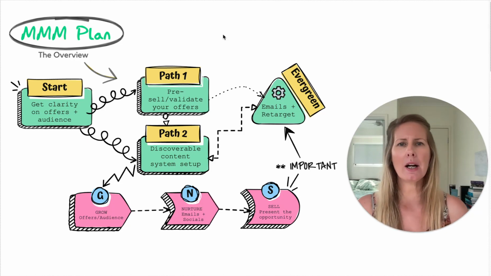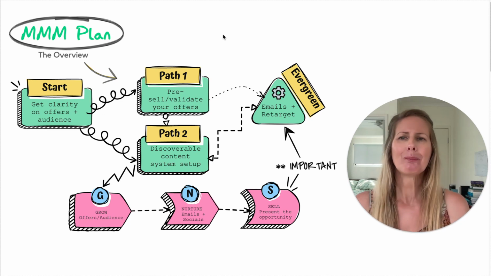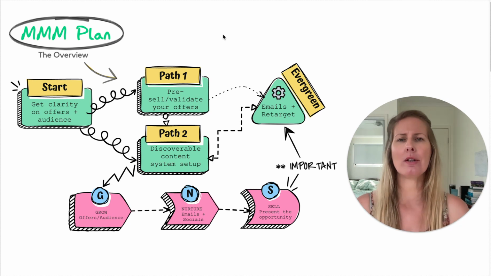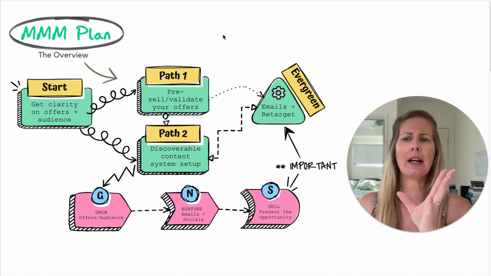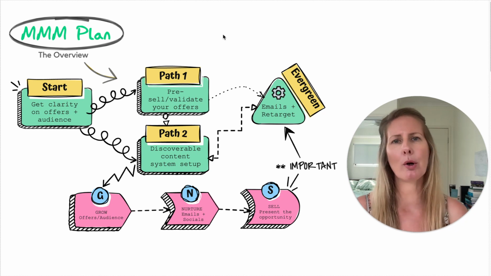Now, we use a thing called the Magnetic Messaging Organizer. It allows you to filter every piece of content that you have or that you're planning to create through the lens of your offers, right? That's why at the starting phase, we need to look at our offer suite and figure out what all of those components are.